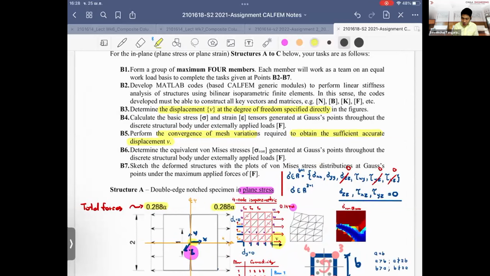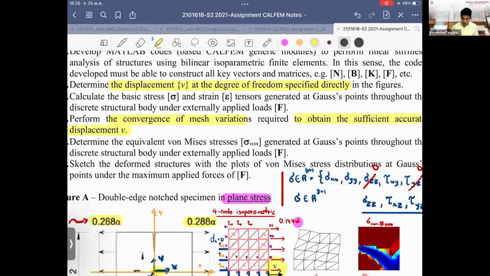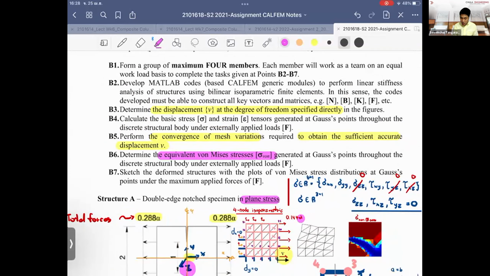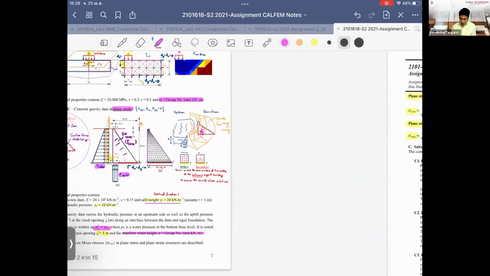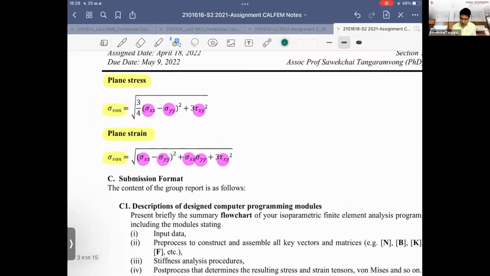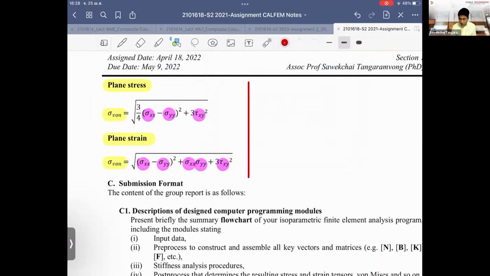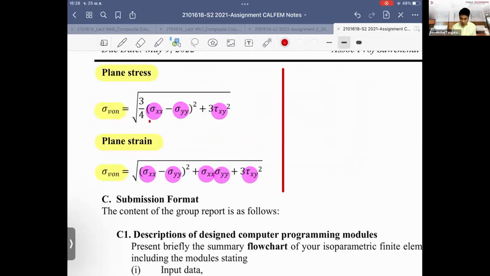Then, based on the mesh that you take and that gives you accurate results, what I ask you to do is plot the equivalent von Mises stresses at the Gauss points. In MATLAB you can plot colors to show the variation of the value, because the von Mises stress can be calculated using these formulations here, based on the stress tensor that you obtain at the Gauss point.